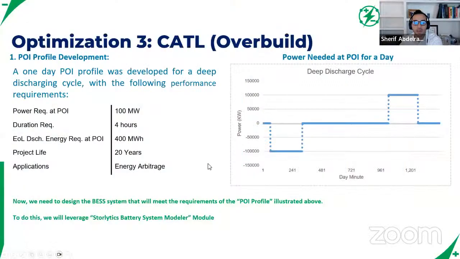Okay, so in this case, really what we did is we did a 1 cycle a day use case. This is similar to the first optimization. In this case, we're using CATL as the benchmark battery module, and very similar parameters to all previous simulations: 100 megawatts, 400 megawatt hours required to be discharged at the point of interconnect for 20 years.